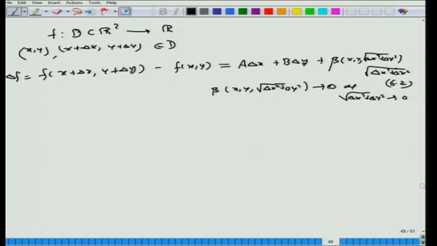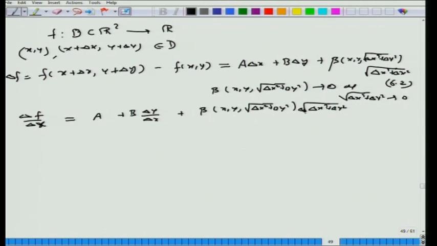We can again see that if we divide by delta x and fix delta y, we do not change delta y, only delta x is changing and delta x tends to 0, then we have a plus b delta y over delta x plus beta x y times square root of delta x square plus delta y square, times square root of delta x square plus delta y square over delta x.